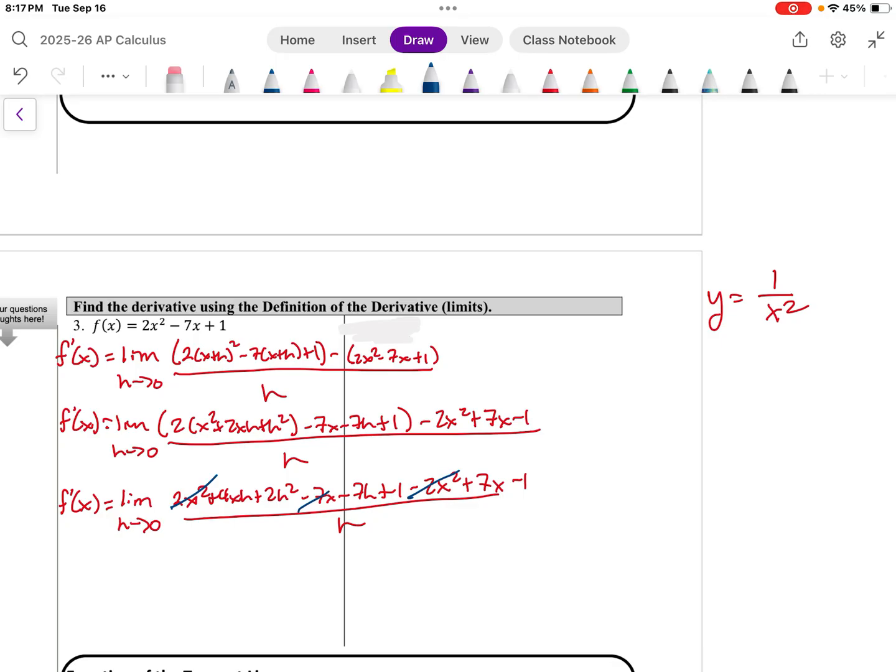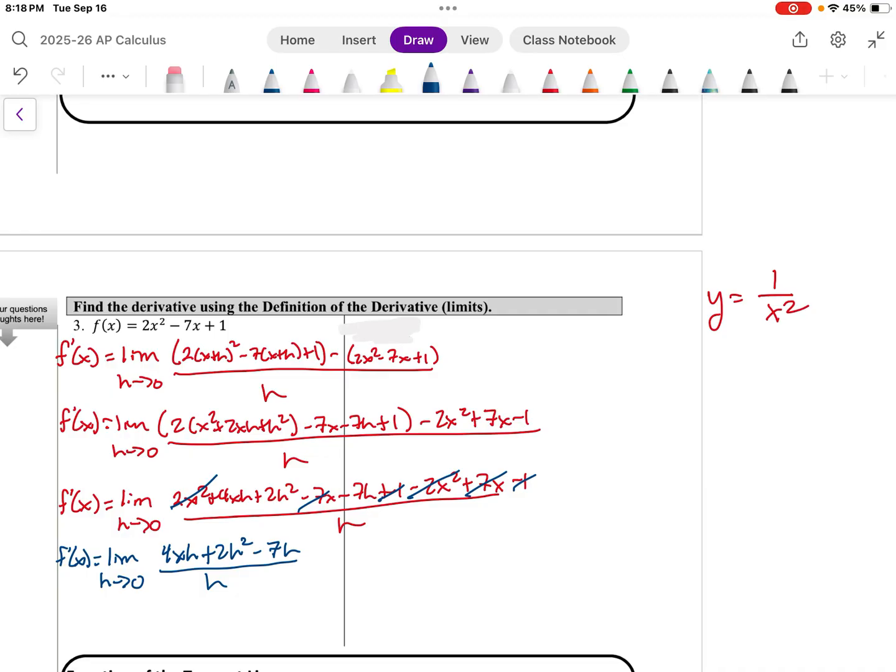A minus 7x and a 7x cancel. And a 1 and a negative 1 cancel. And I'm left with f prime of x equals the limit as h approaches 0 of what it looks like is 4xh plus 2h squared minus 7h over h.